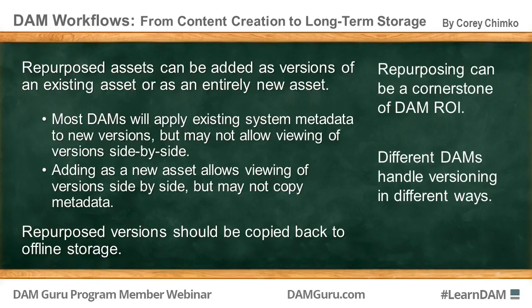So if you copy your repurposed versions back there, when he goes into that folder, he's going to say, oh, look, somebody already repurposed this file. Maybe I repurposed this file in the past. I can just pull this one, and I don't have to redo all my Photoshop work. I can just send this one out as is, which is a huge time saver, cost saver. It has many advantages, but a lot of times it's missing in people's workflow.